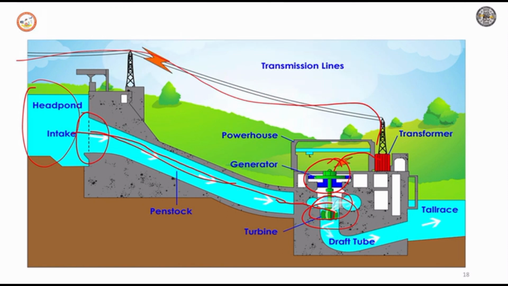The shaft from the turbine goes into the generator, which produces the power, so electricity is generated. The water then passes through the tail race, back into the dam, so that it can be used for other purposes like irrigation or water supply. This is how power is generated from hydel.